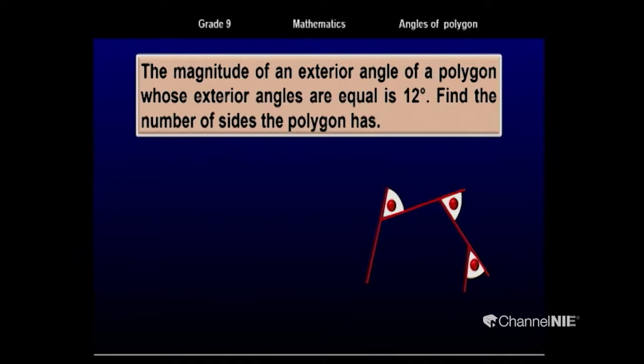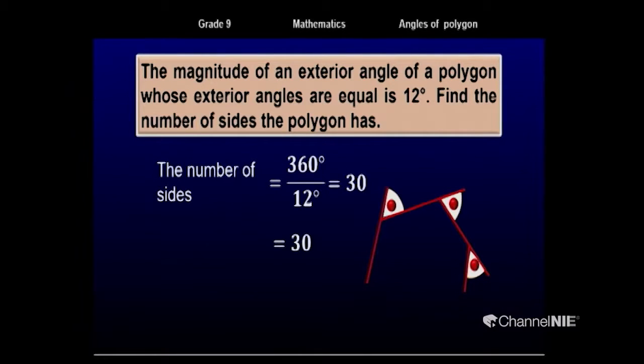The number of sides is equal to the sum of the exterior angles, 360, divided by the exterior angle, 12 degrees. Then you can obtain the number of angles. Here the number of angles is equal to the number of sides. So the number of sides equals 30.